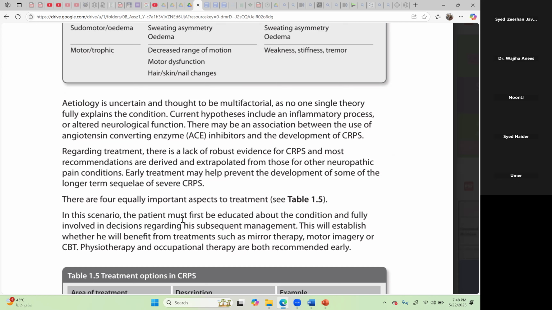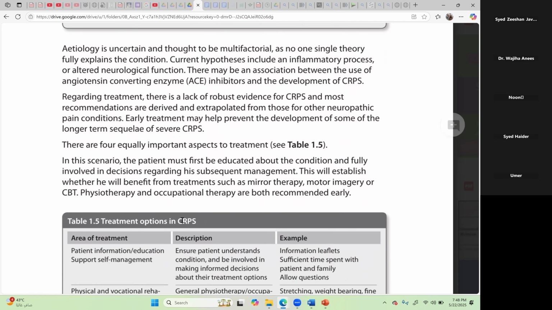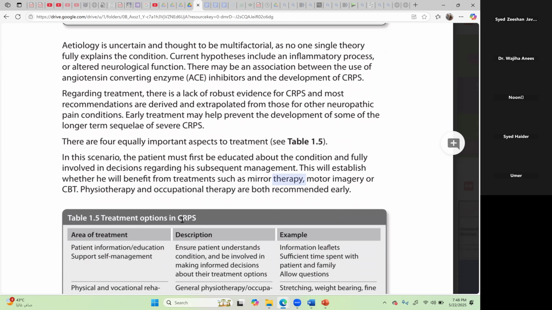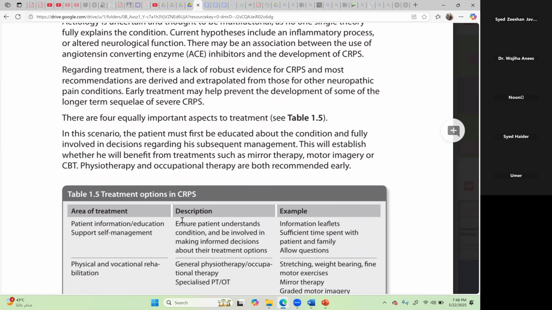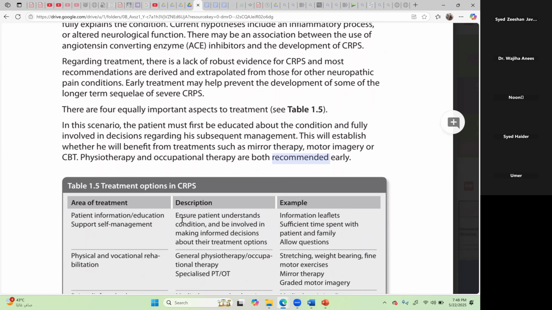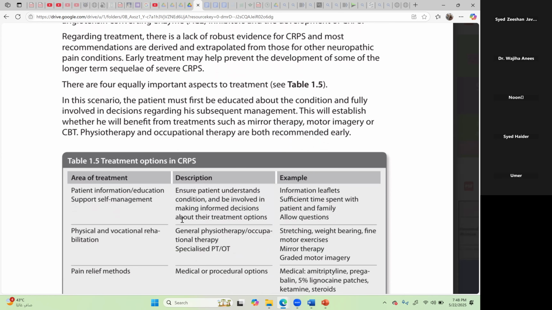Regarding treatment, there is a lack of robust evidence for CRPS, and most recommendations are extrapolated from those for other neuropathic pain conditions. Early treatment may help prevent some of the long-term sequelae, because with early treatment, some of the debilitation may be decreased.